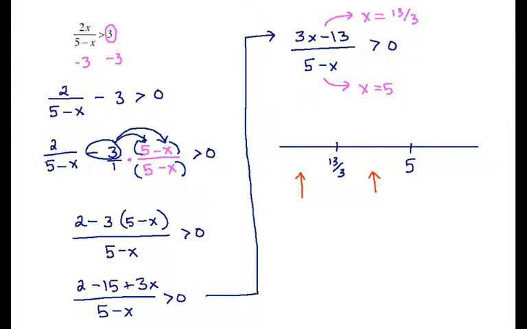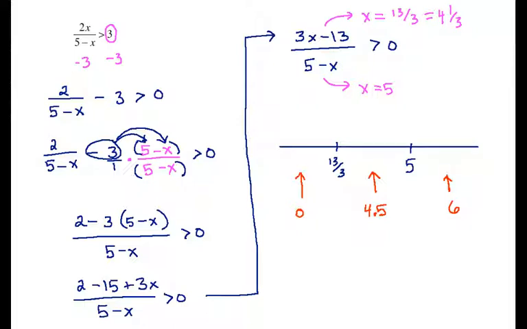To the left of 13/3, I can just pick 0. Between these two is a little bit challenging because 13/3 is the same as 4 1/3, meaning that we're going to have to take a number between 4 1/3 and 5. Let's take 4 1/2 or 4.5, and to the right of 5, let's take 6.